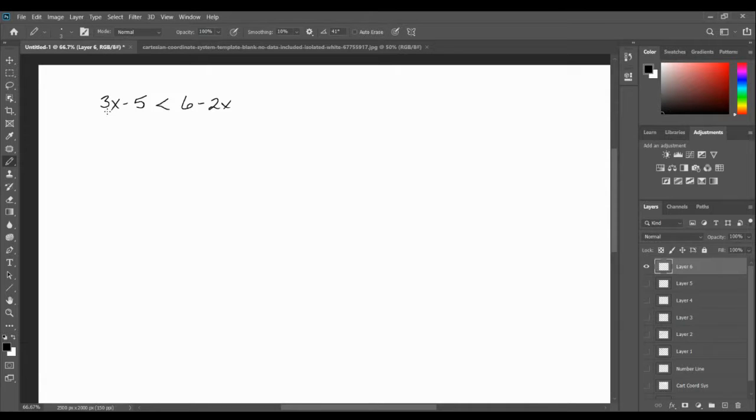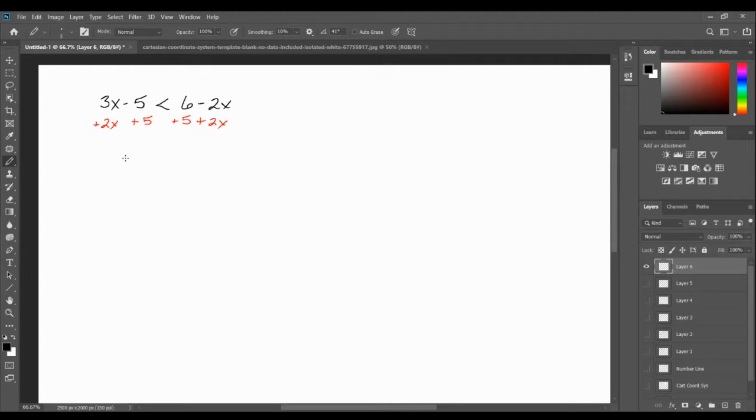So if I were to subtract 3x from both sides, I'd have a negative in front of the x, so I would have to divide by a negative, and I don't like to do that because of that stuff we just saw. So I'm going to instead go ahead and add 2x to both sides. So I'm bringing all the x terms over to the left, which means I'd better move the constants to the right.